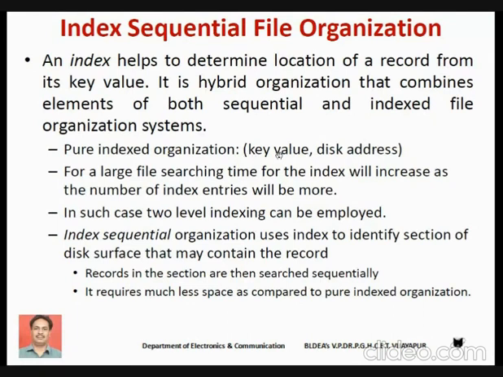Students, try to understand. In pure indexed organization, for each record we use a key value, and directly in the table we store the disk address. The advantage is that when the record is required, we need not compute the address. Directly we can go to that address by using the index table.